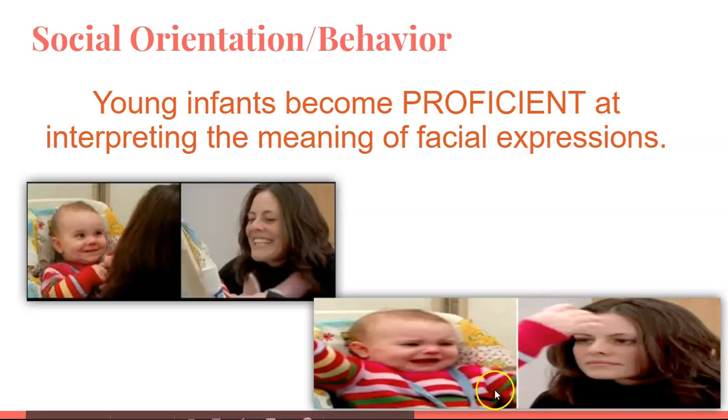And as you can see, the children became upset and angry because they took that as that their mom was upset with them. And so with social orientation, we have children that are able to have a better understanding of interpreting the meaning of facial expressions based on the facial expressions that their caregivers exhibit.